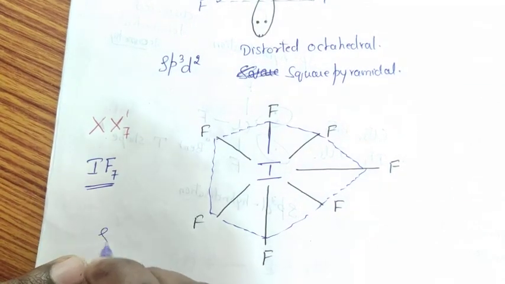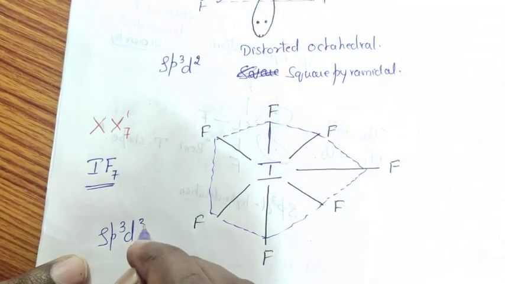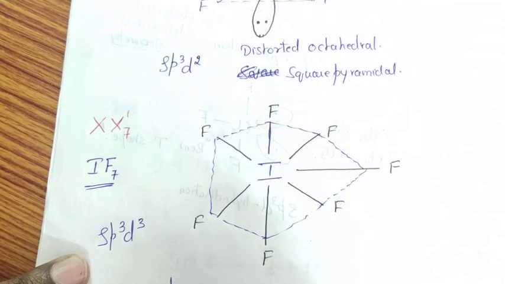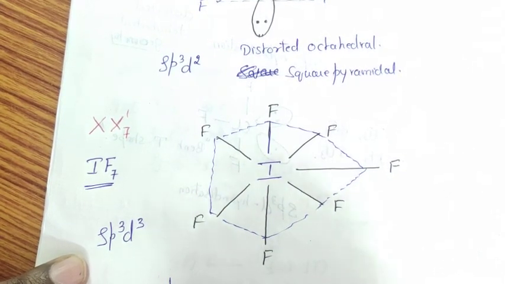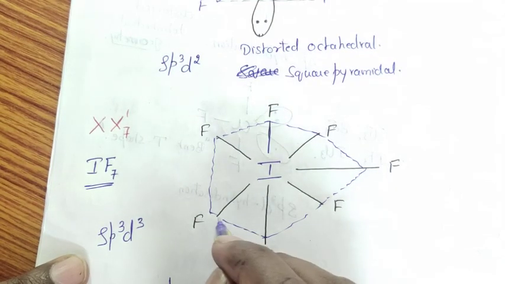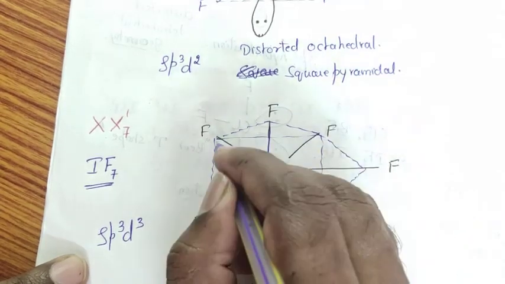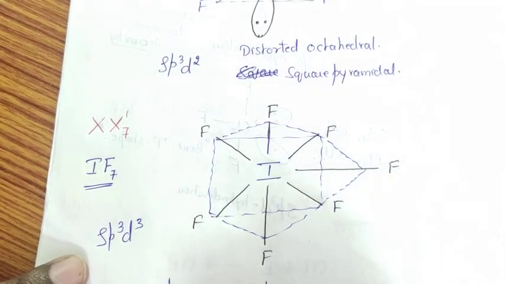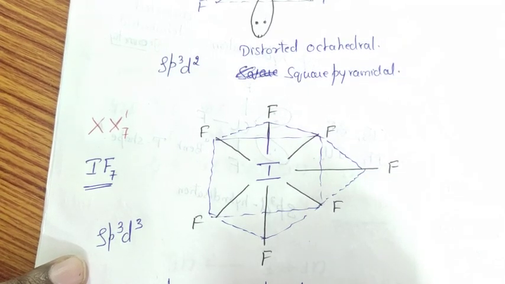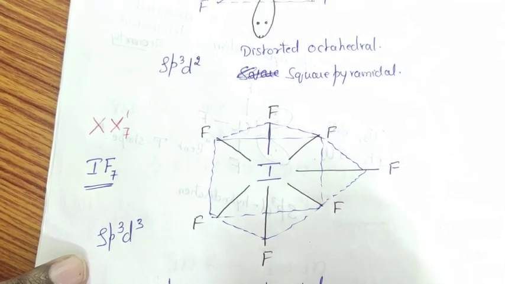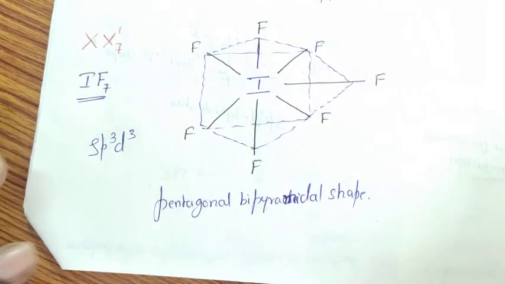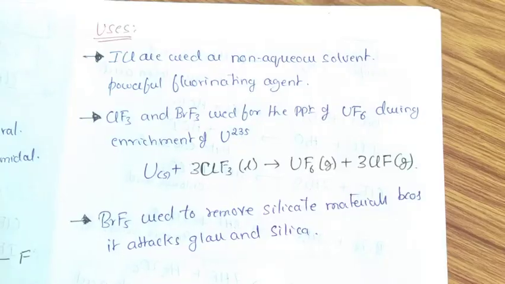So what is the hybridization? It undergoes sp3d3 and it has a pentagonal bipyramidal shape. Pentagonal bipyramidal shape. Please note it down.